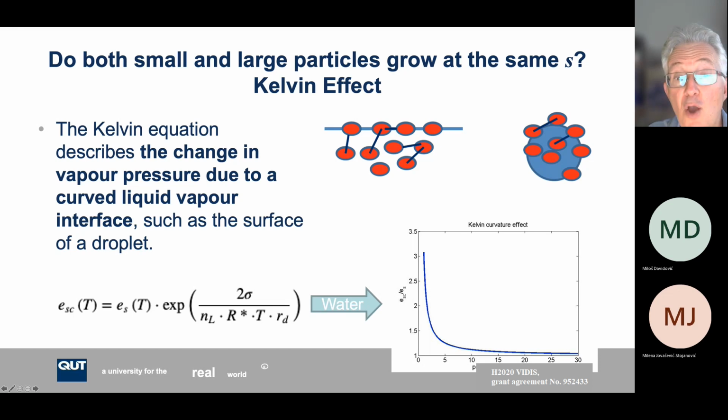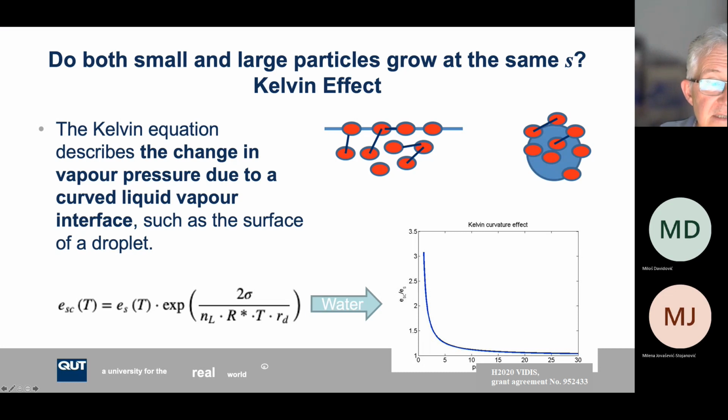And this is a positive exponent, which means that any curved surface will have a higher saturation vapor pressure than a flat surface. So to keep the molecules in a curved surface, you need to have a higher concentration of the molecules in the vapor phase to keep it in equilibrium.